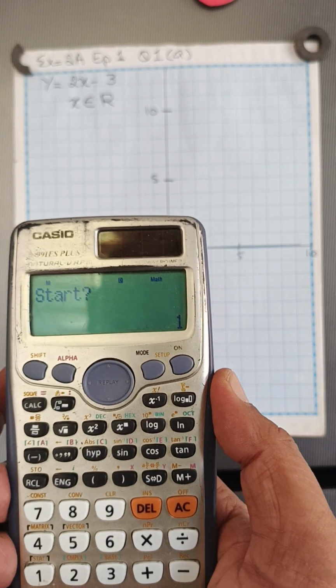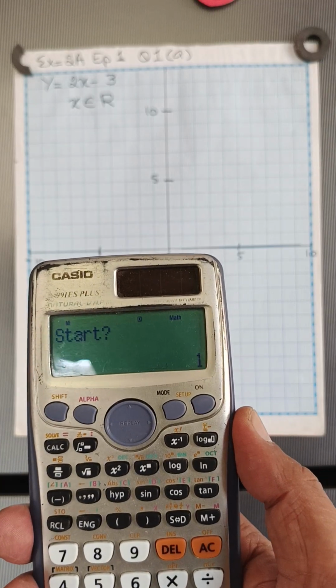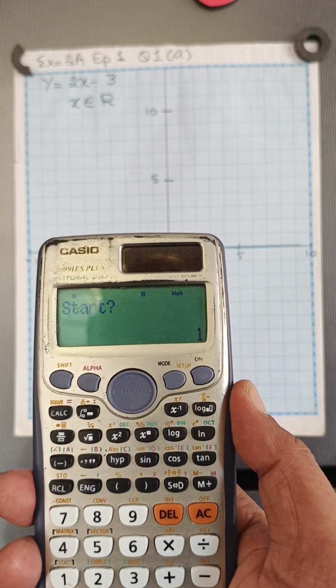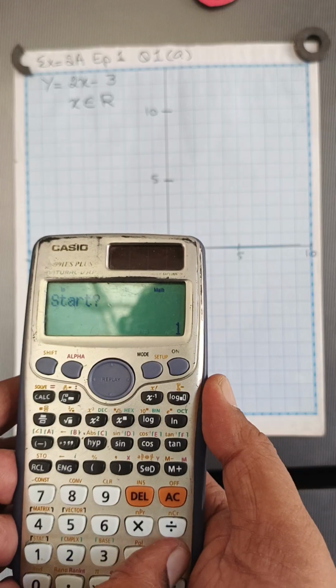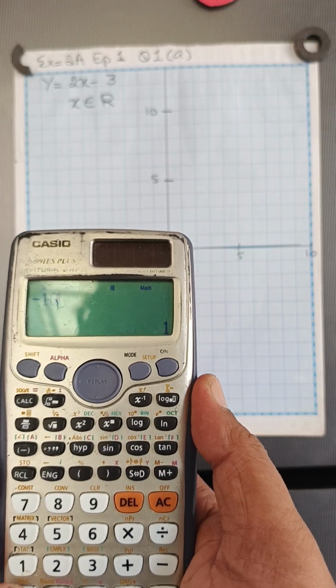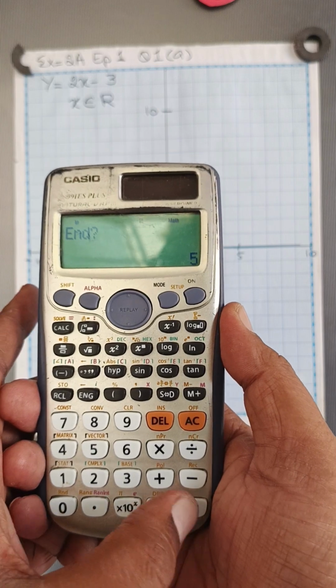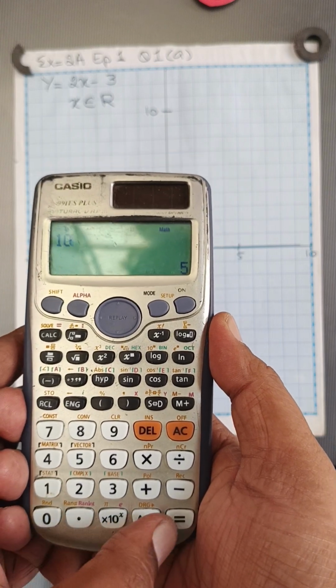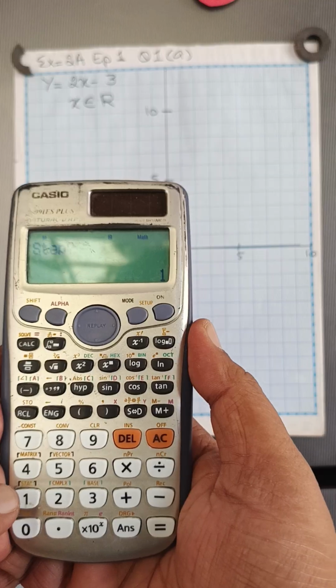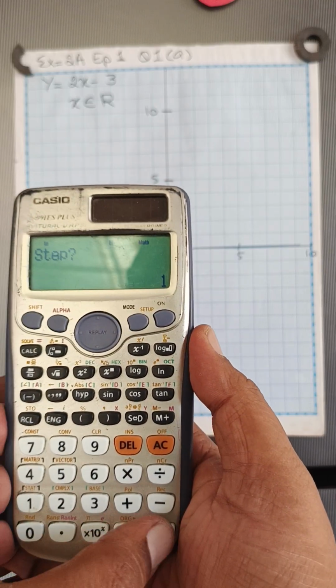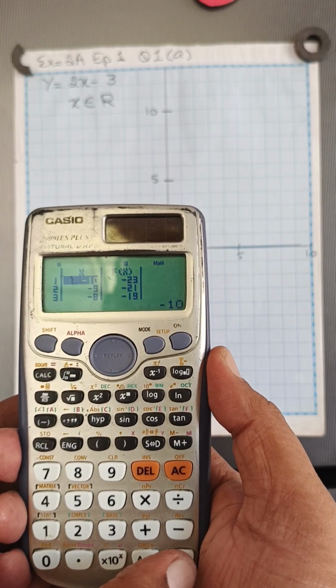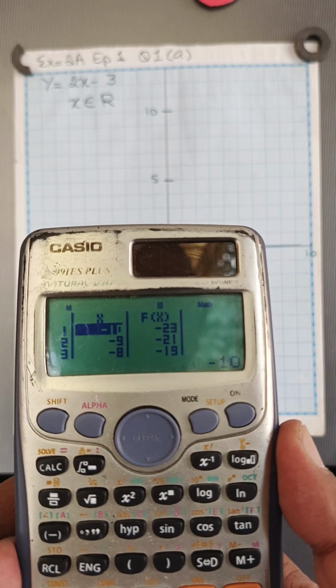It asks where I want to start the table from. Let's say I start from minus 10, and then I press equals. Then it asks where it should end. I say end at 10. And how much should the step be? That should be 1. So you see, here it gives me the table.